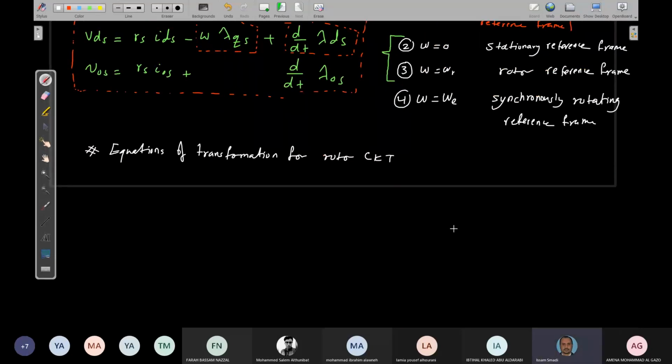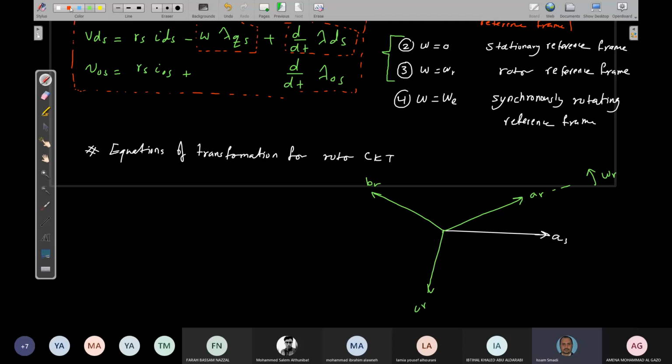It will be the same. If this one is AS, let's assume that I have the rotor. This one is AR, and the rotor is rotating at speed omega R. Let's assume that this is BR, and this is CR.